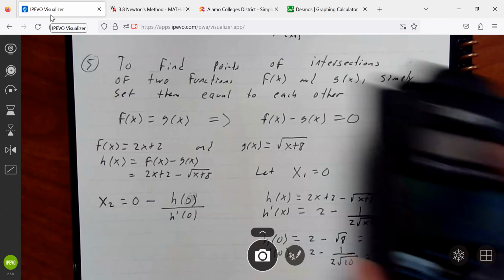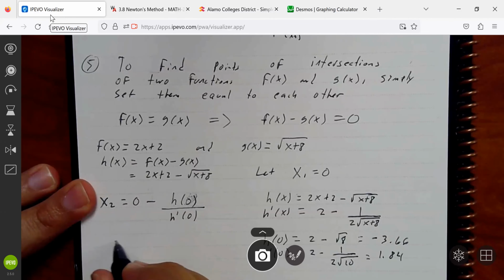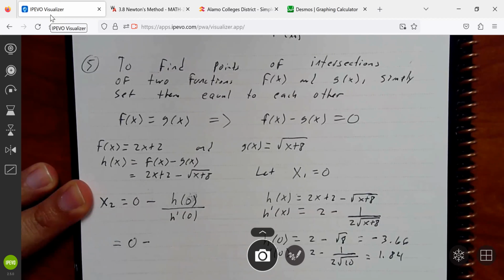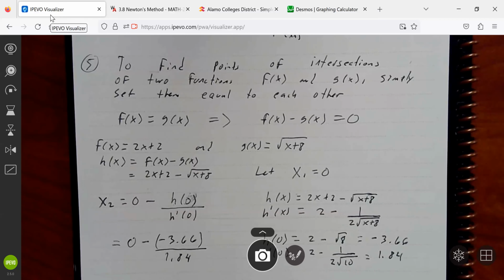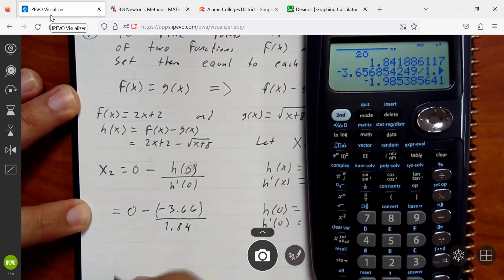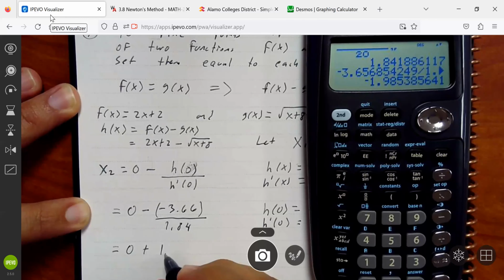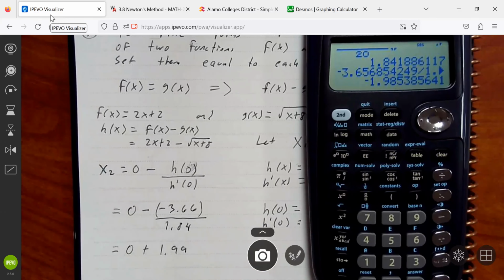Okay. Alrighty. So then we get 0 minus negative 3.66 over 1.84. I'm going to go ahead and use all the decimals just because I can. Okay, so that'll be negative negative, so that'll be 0 plus 1.99. All right.